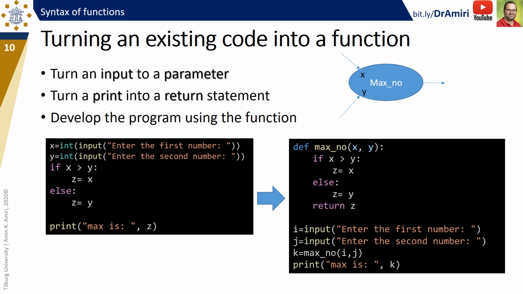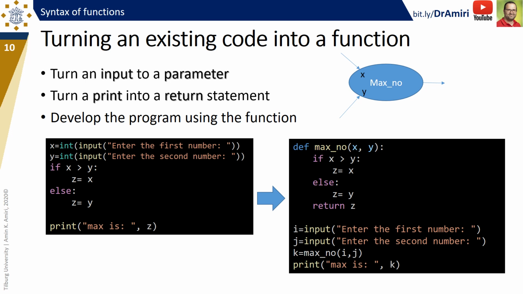So after developing the function, it's time to use the function. You have to again get the inputs, but this time you can either store them in the same variables x and y, or you can choose new variable names such as I and j that are used here. And then you provide I and j as inputs of maxNO.